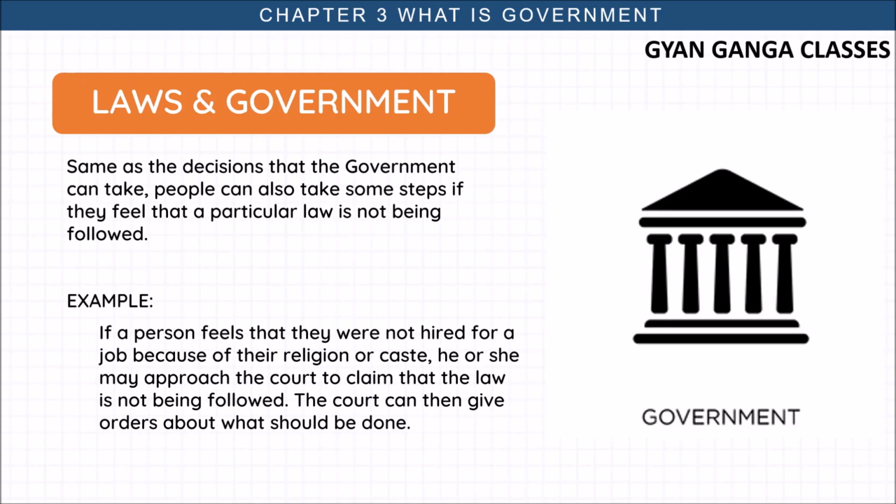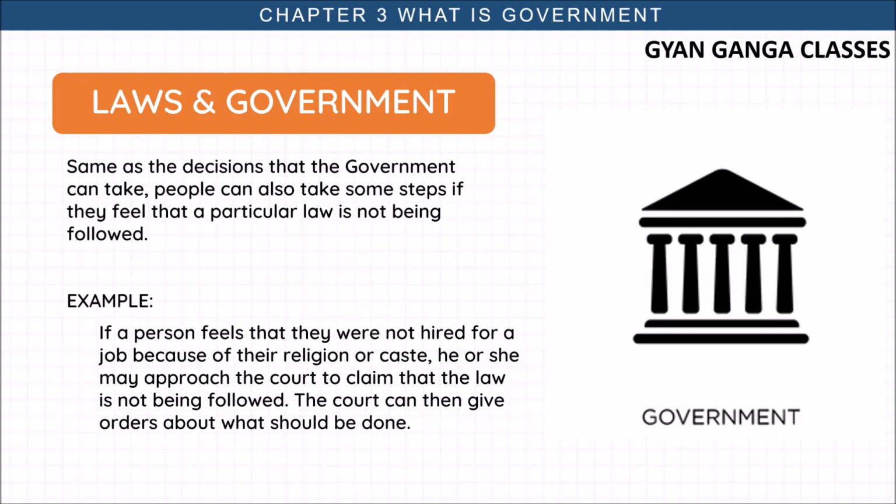For example, if a person feels that they are not hired for a job because of their religion or caste or the language they speak, he or she can approach the court, which is a government body, to claim that the law that the government has already made is not being followed. The government can then give the orders about what should be done next.